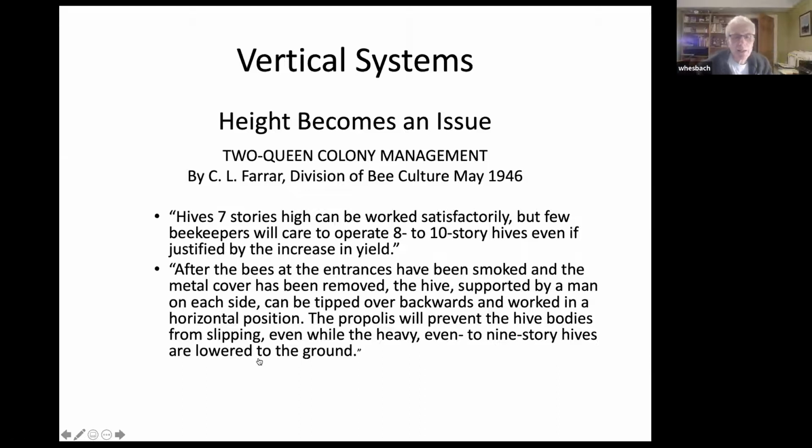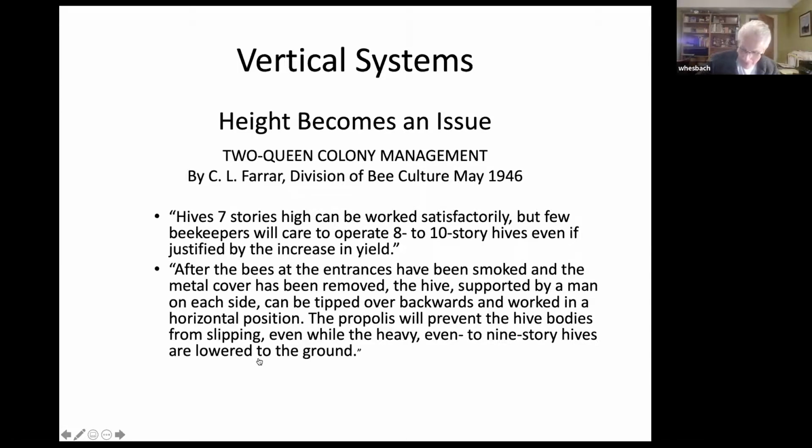Now, he says that you could smoke them, remove the telescoping cover, and then the hive can be supported on each side and tipped over backward and worked in a horizontal position. So now he means that they lay the whole 10 frames down on the ground, break apart the boxes, and put them back together. And he says the propolis will help keep them from slipping. And then he says 9-story hives are lower to the ground.